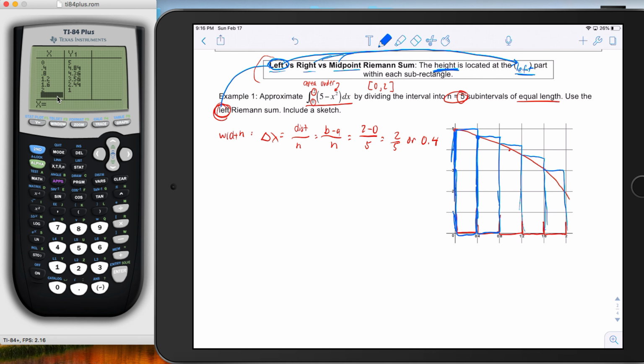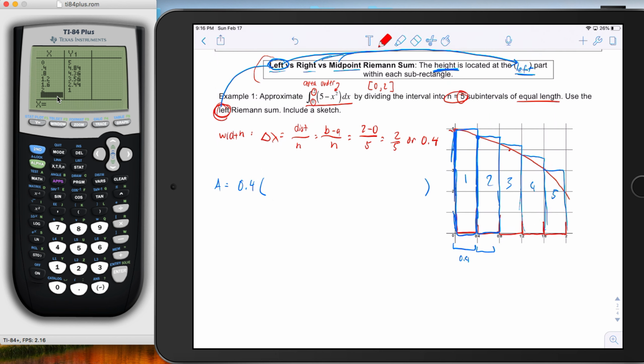We have rectangles 1, 2, 3, 4, and 5. Each of these has a width of 0.4, all of them. So the total area is going to be 0.4 times all the heights. Now let's figure out what the heights are.